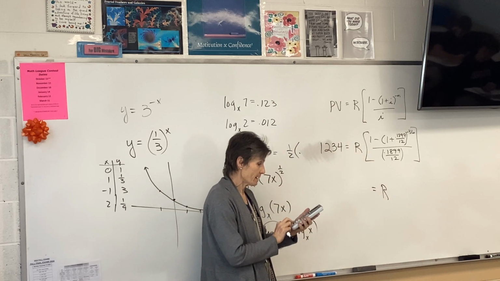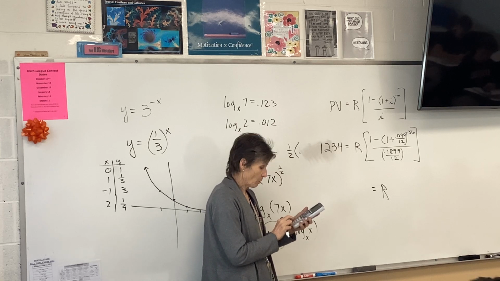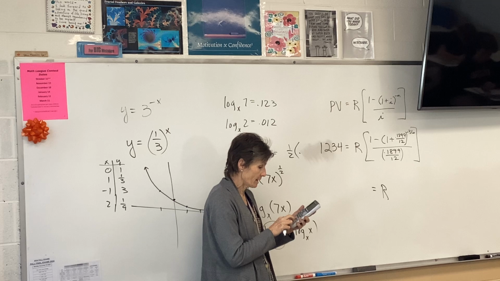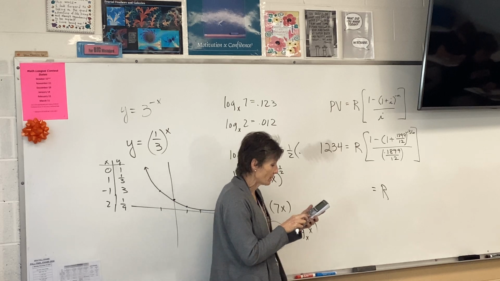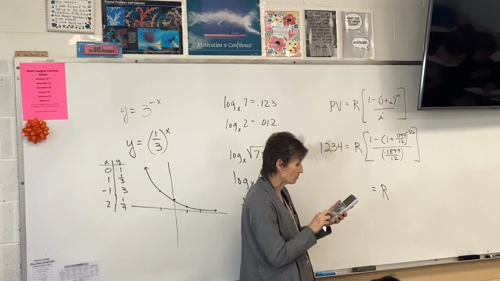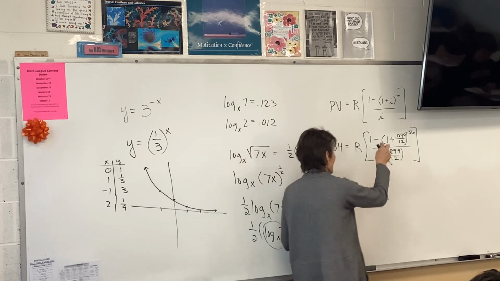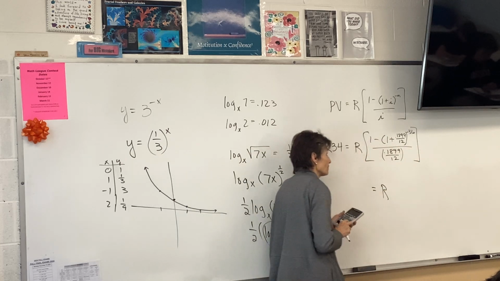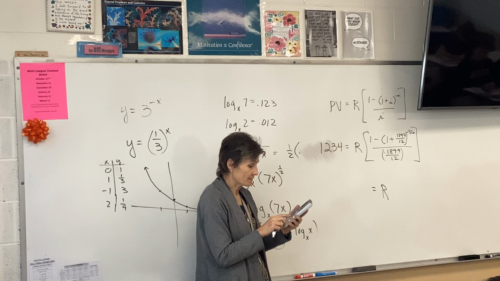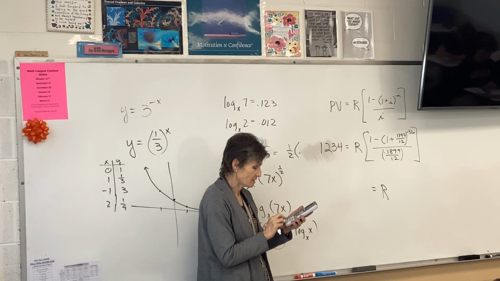So I will type 1 minus, parentheses, 1 plus 0.1899 divided by 12, close parentheses, to the negative 36 equals. That's my numerator. Then I'll divide that by parentheses, 0.1899 divided by 12.